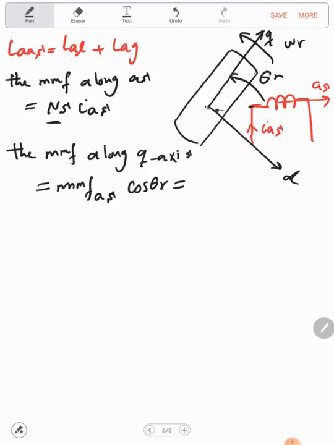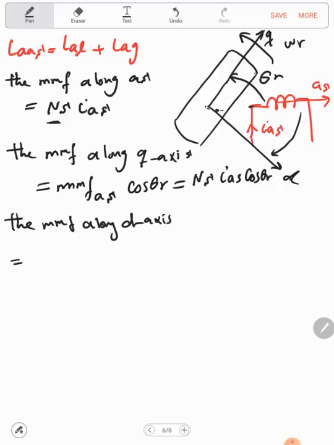So this will equal to NS IAS cosine theta r. Now, in the same fashion, the MMF along the DS will equal to, now the angle here, this angle is equal pi over 2 minus theta r.